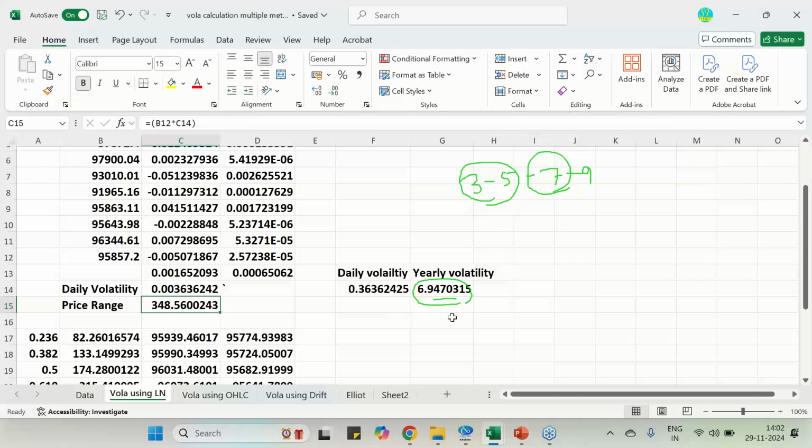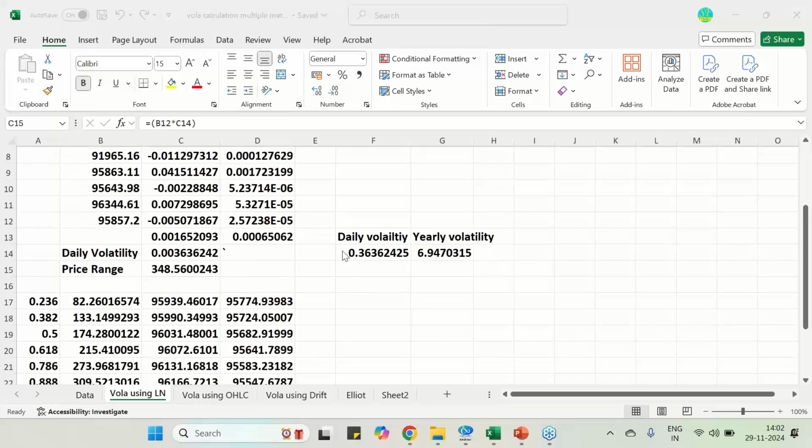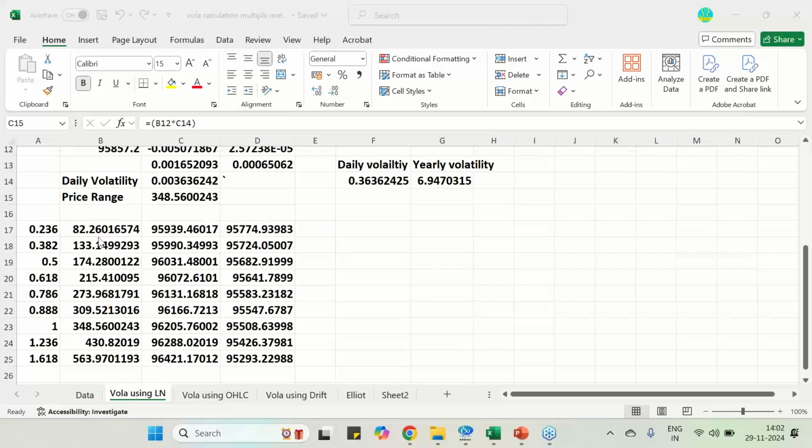The volatility which was 49% or 50%, I reduced to 1/7 of that. So the daily volatility also comes down to 0.36, which was earlier 2 point something. Then I will use the Fibonacci ratios 0.236, 0.382 and all these ratios, and this is my gray zone, you can say reversal zone here.